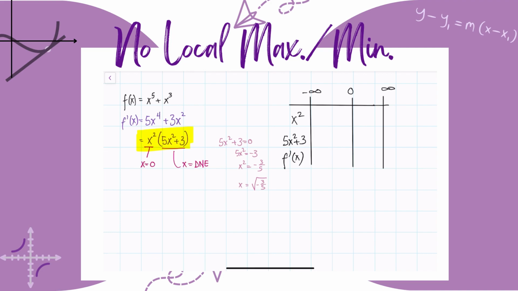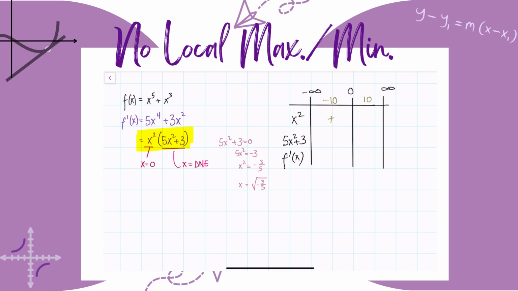Next thing that I'm going to do is pick a testing point. For the testing point for the interval negative infinity to 0, I'm going to pick negative 10. And for the testing point for 0 to positive infinity, I'm going to pick positive 10. And if I plug in negative 10 into x squared, I will get a positive.